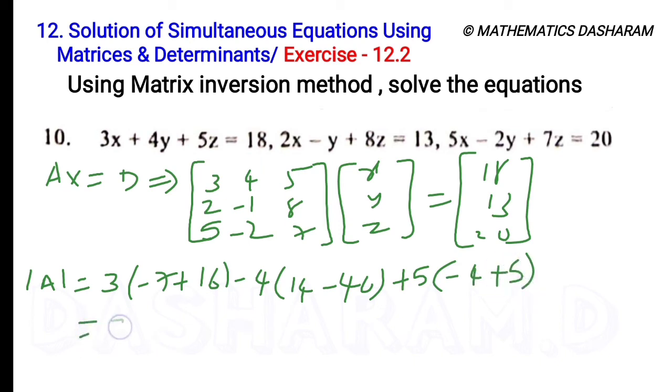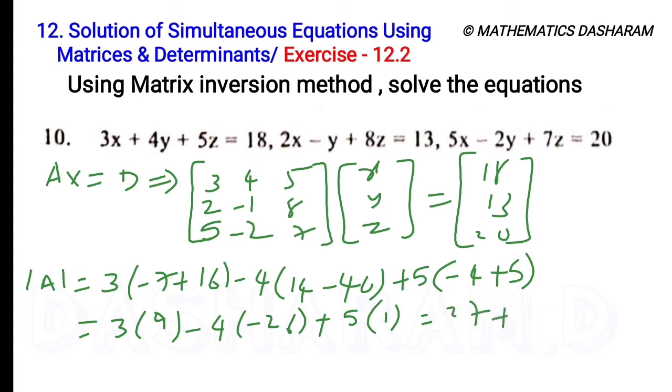So it is equal to 3 into 9, minus 4 into minus 26, plus 5 into 1. The total answer is 27 plus 104 plus 5, which equals 136. So 136 is not equal to 0, therefore A inverse will exist.